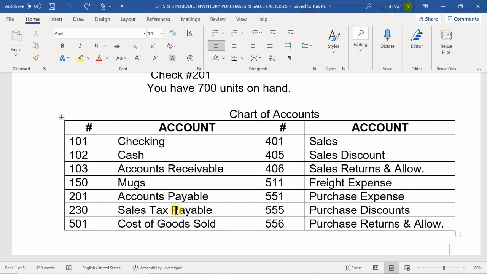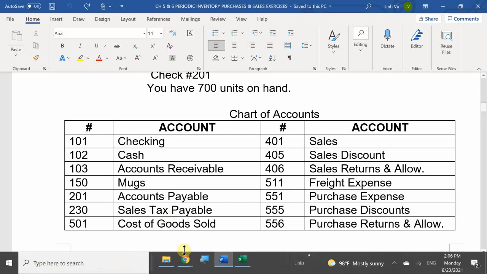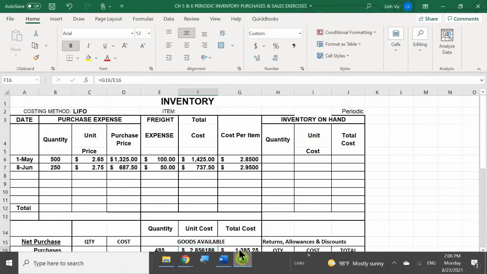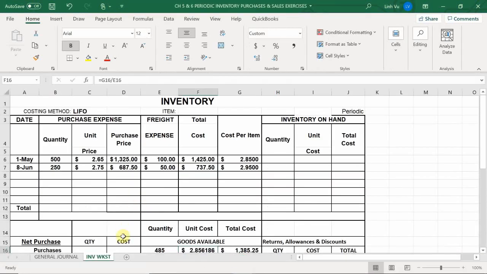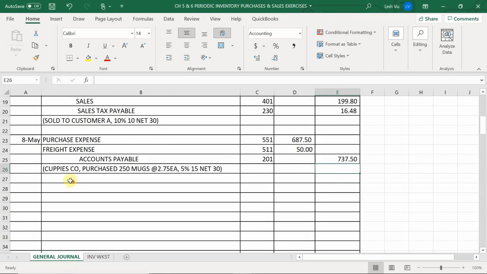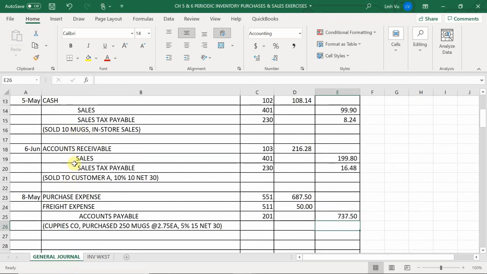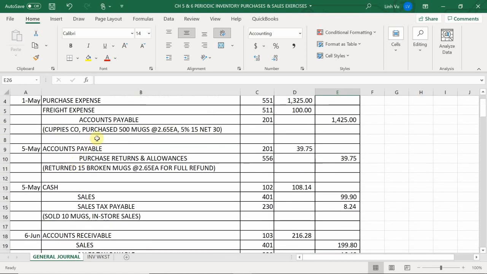Purchase returns and allowances. Good. Purchase returns and allowances, which here is going to be account number 556. So once again, we're going to have purchase returns and allowances. And how did we pay for it?